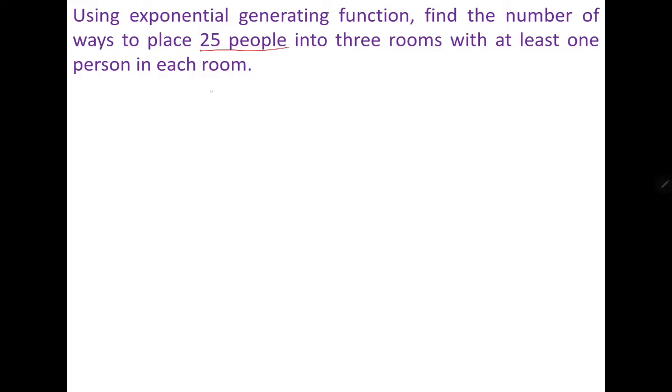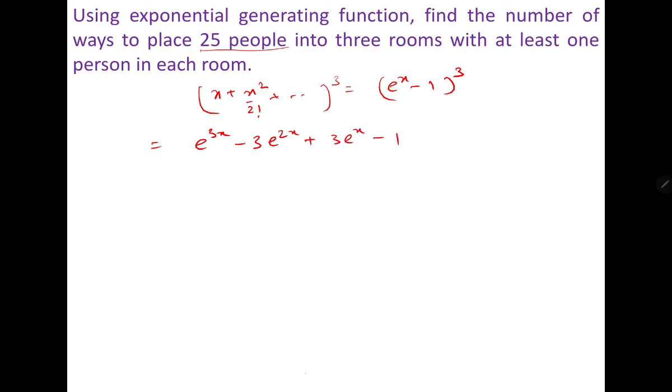Now at least one means that the generating function would be e raised to the power x minus 1, whole cube, which is e raised to the power 3x minus 3 e raised to the power 2x plus 3 e raised to the power x minus 1. And now I have to find the coefficient of x raised to the power 25 by 25 factorial.